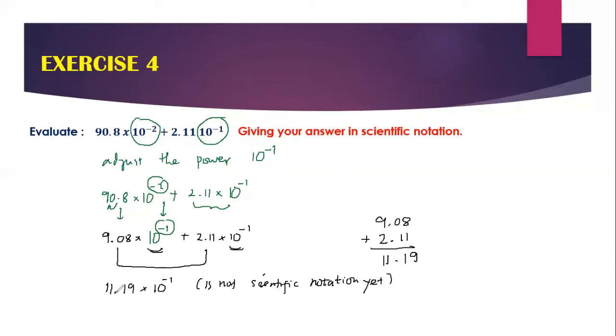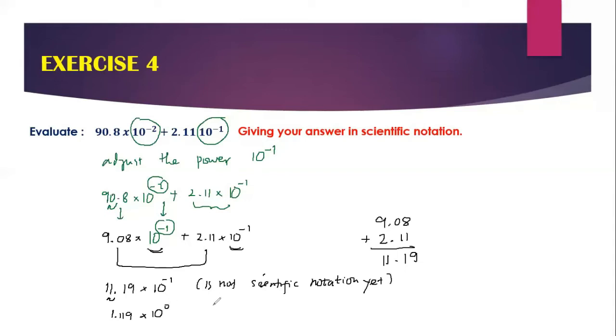This is the decimal, right? So this decimal will move to the left. So we got 1.119. Okay, so the power will increase. It will be 10 to the power of 0.